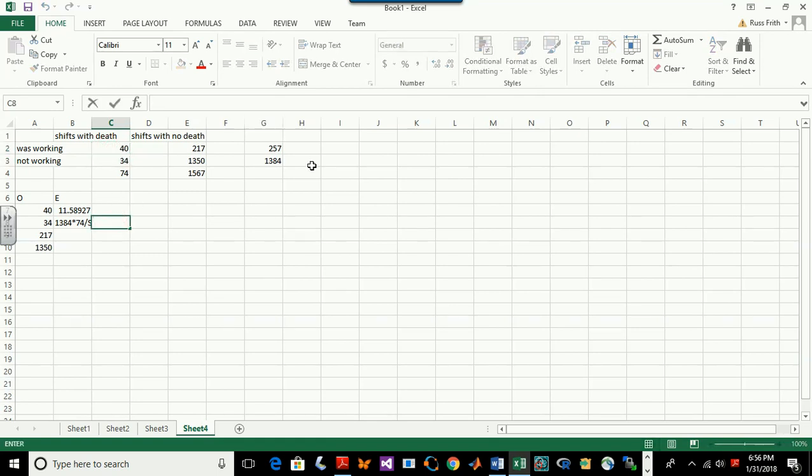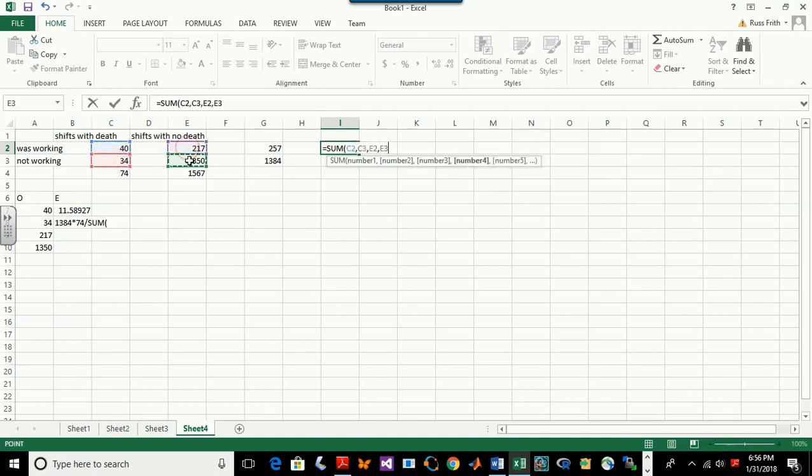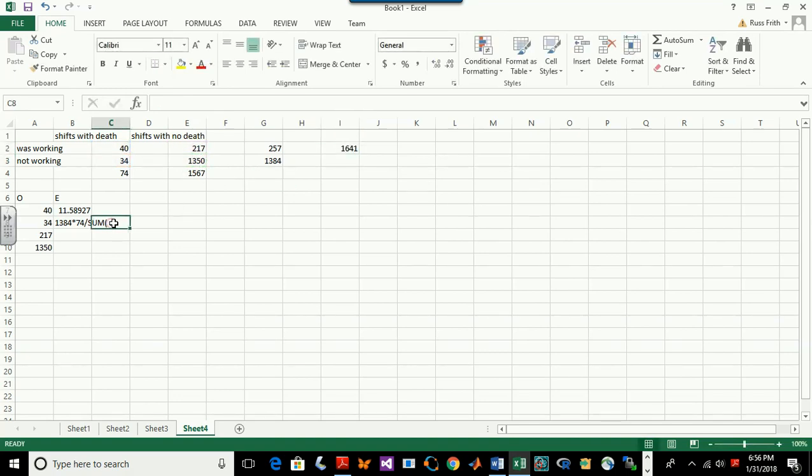Let me go ahead and make the sum separate. Sum. Let's go ahead and get the grand total: this number, this number, this number, this number. So our grand total is 1641. Oops, messed that one up, didn't I?